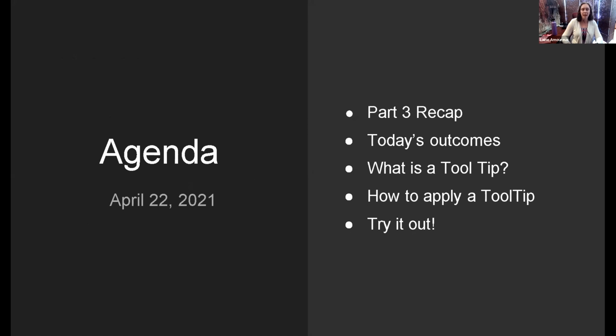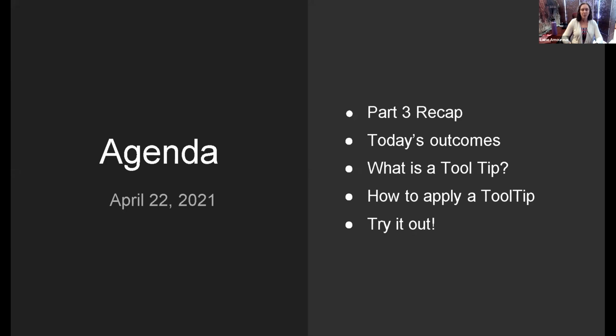So our agenda today, Sharina is going to take over here in just a minute, and she's going to recap the previous 3 trainings to help everybody get back together and reconnect how we got where we are.